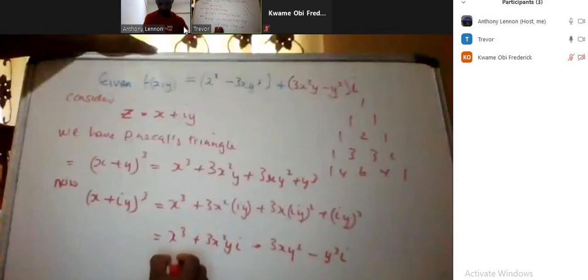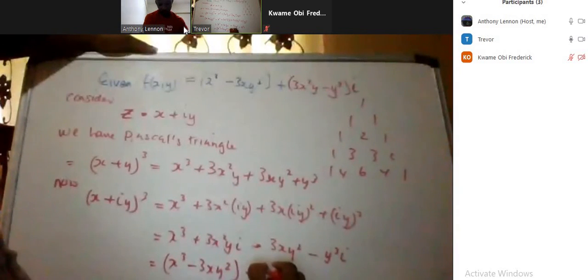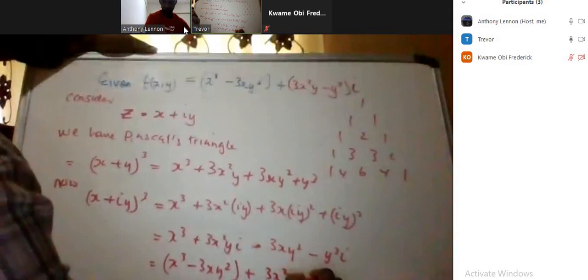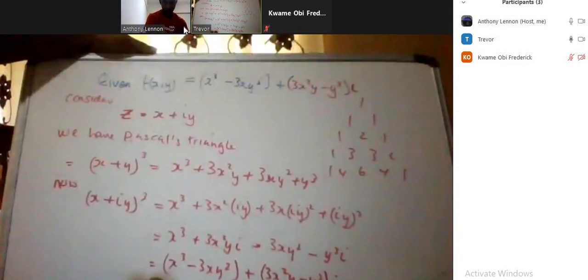And then we compare: we have x cubed minus 3xy squared plus 3x squared y minus y cubed i. So this implies f of z is in fact z cubed.